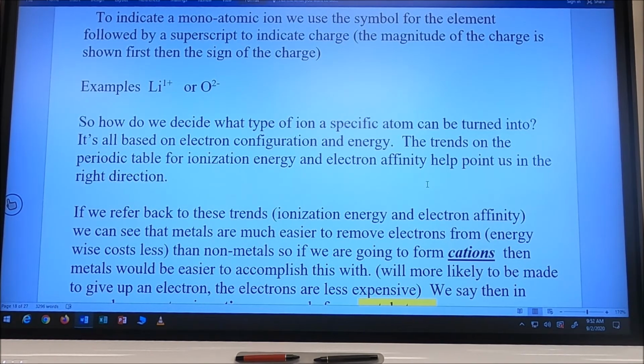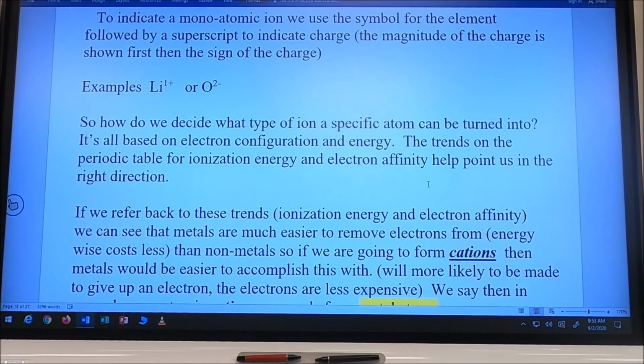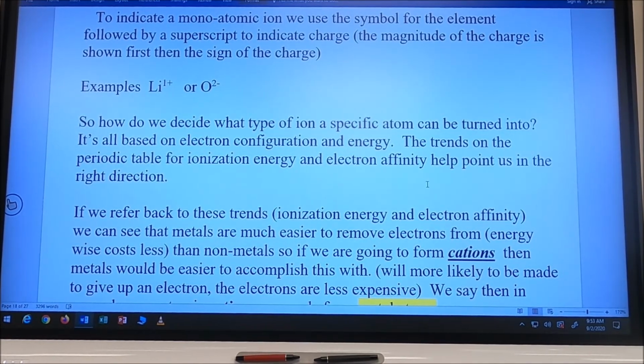To form cations, positively charged ions, we want to build them out of atoms where the electrons are cheap, where the electrons are easier to remove. And that's going to be on the metal side of the periodic table. So metals have a tendency to form cations because their electrons are not that expensive. So cations are going to be formed from metal atoms.